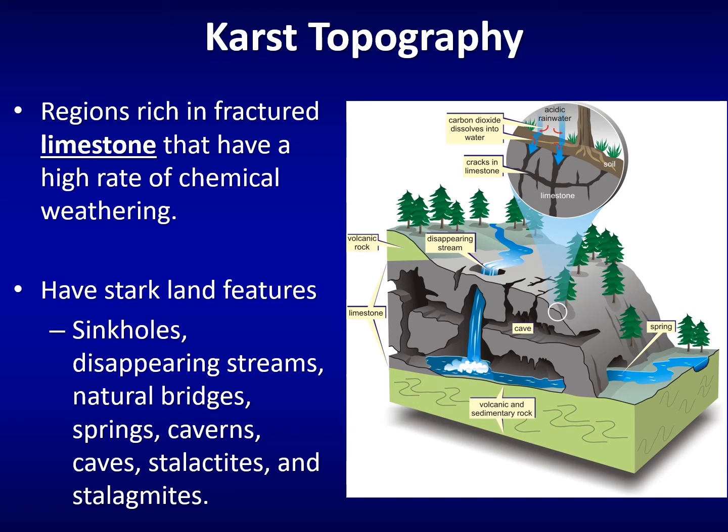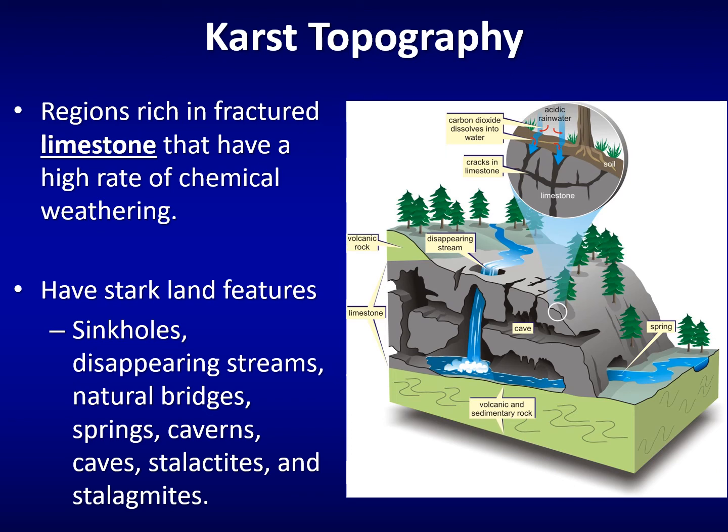If you get a lot of time involved, the chemical weathering produced by this groundwater really produces some large caves, and sometimes the underground caves collapse. The roofs of those collapse to form sinkholes. Disappearing streams, natural bridges, springs and caverns and caves, stalactites, stalagmites, these are all features of karst topography, and you can see some of them in the picture here.